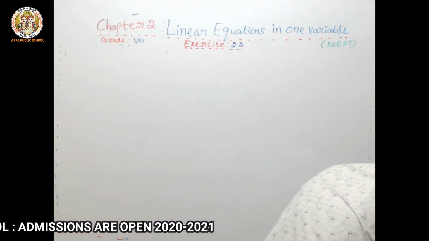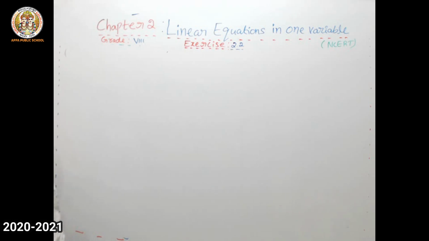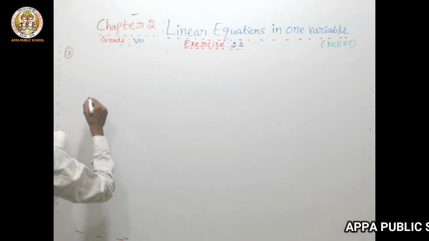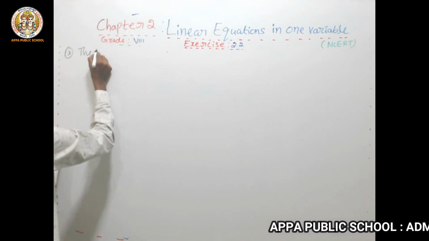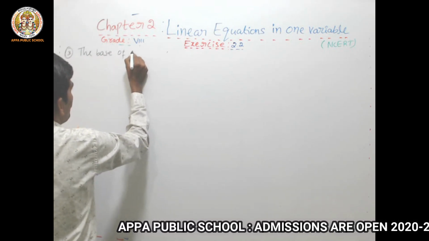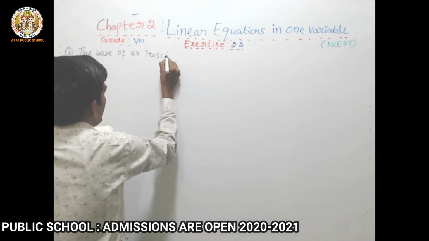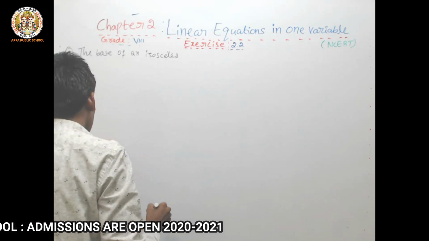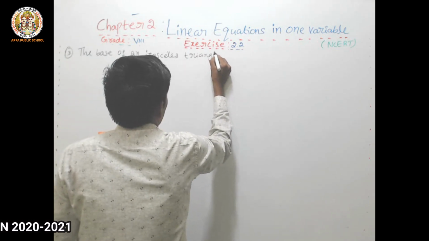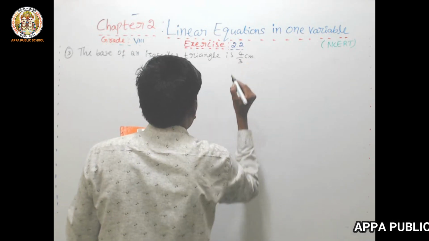Okay, next problem, my dear students, third problem. Very interesting and very important. The base of an isosceles triangle is 4 by 3 centimeter.